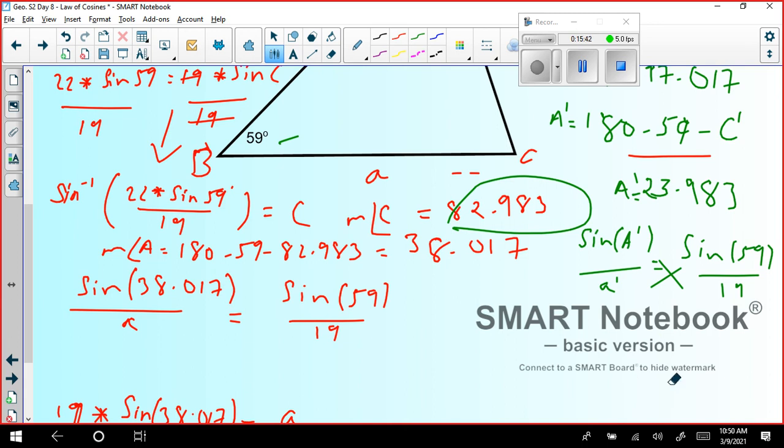So the other possibility of a dash is 9.010. I'm skipping a few steps here, but I hope you can simplify this further and get 9.010.